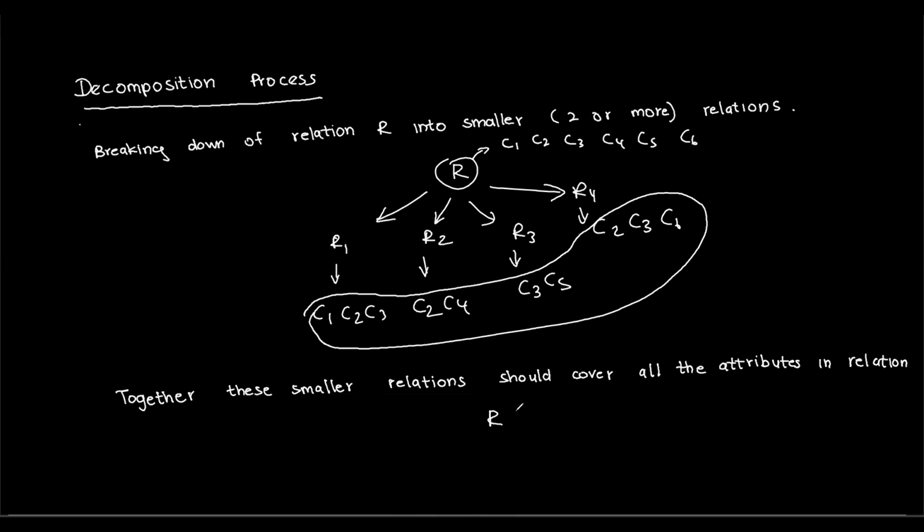When you join these smaller relations back, it should result in R. If C6 is missing, that's wrong. If you have some C7, that's also wrong.